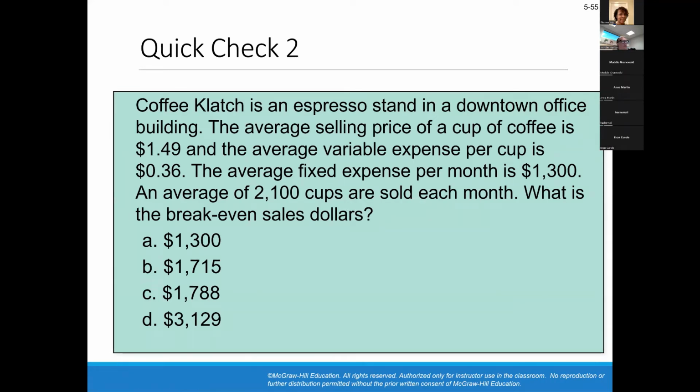So what did we need? We needed to know what our fixed expense was, and we needed to know what our contribution margin ratio was. Remember, in number 1, we calculated that out. So we know that contribution margin ratio that we calculated from number 1 was 0.758.